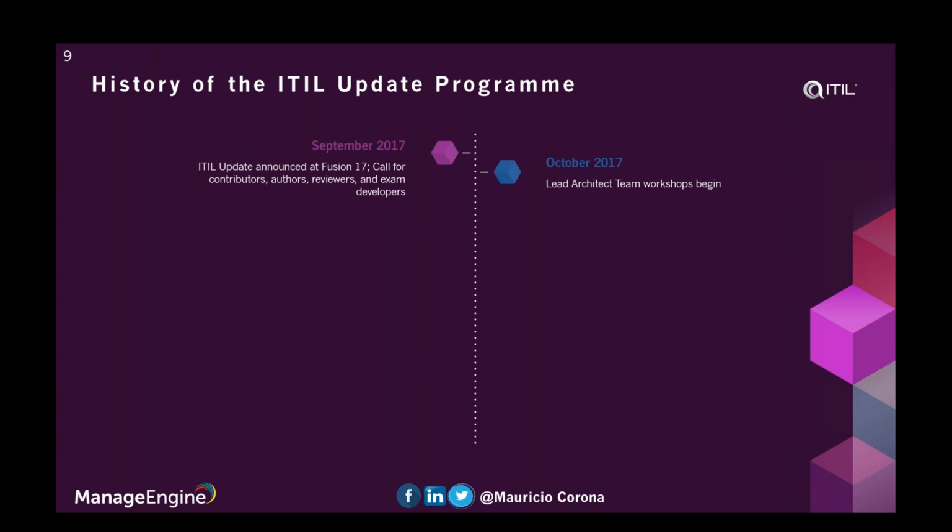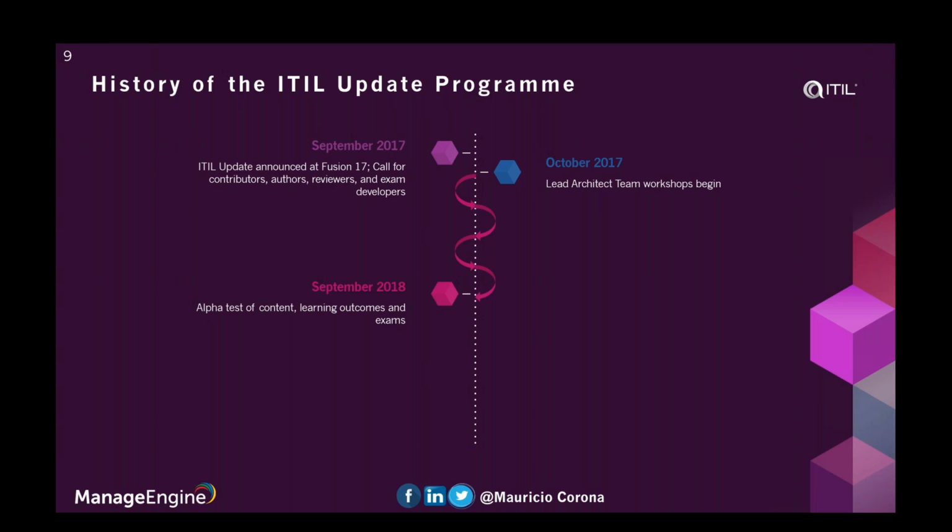And well, this is, in short, in one graphic, the journey so far with ITIL 4. As I previously mentioned, we started in September 2017. In October, the lead architects started with the physical meetings in London. So we had a lot of meetings in London throughout 2018.